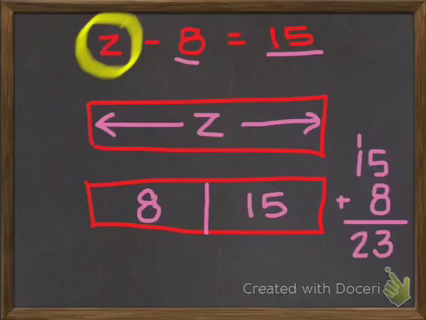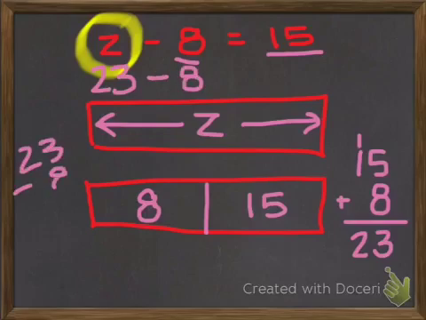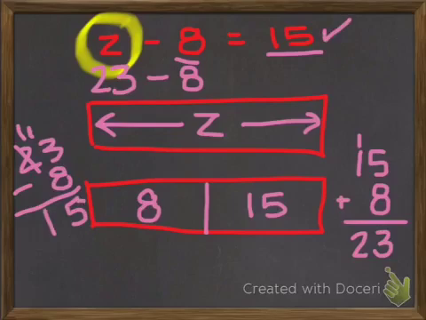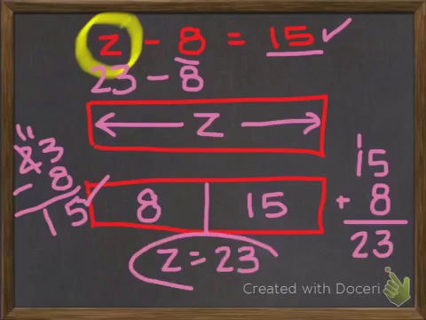We can check this by putting 23 in for z and doing 23 minus 8. So let's try that over here. And I get 15, which is correct. So in this case, z equals 23.